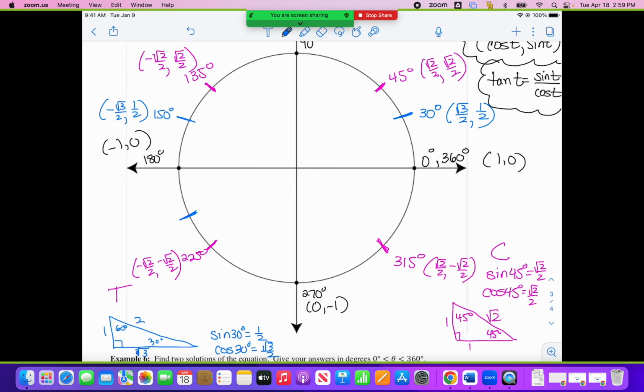How many degrees would be 30 degrees in from 180? 210. So cosine is negative and sine is negative. Then let's go 30 degrees away from 360. That's 330. Cosine is positive and sine is negative.